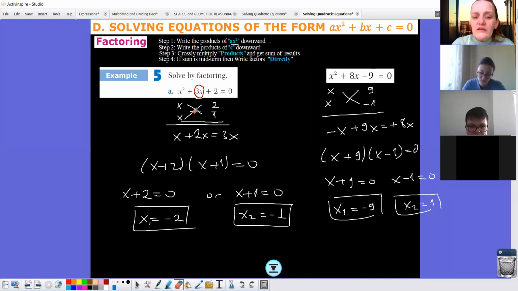I wanted to say that this is easier when the coefficient of x squared is 1. You only change the other numbers, like we tried 3 and 3, it doesn't work. Then we tried 9 and 1, and it's okay. Here we are not changing anything. But when we have numbers here, you also need to change the numbers here to find the correct factors.